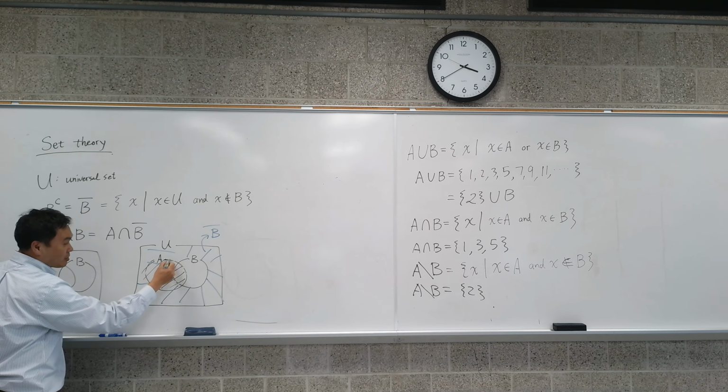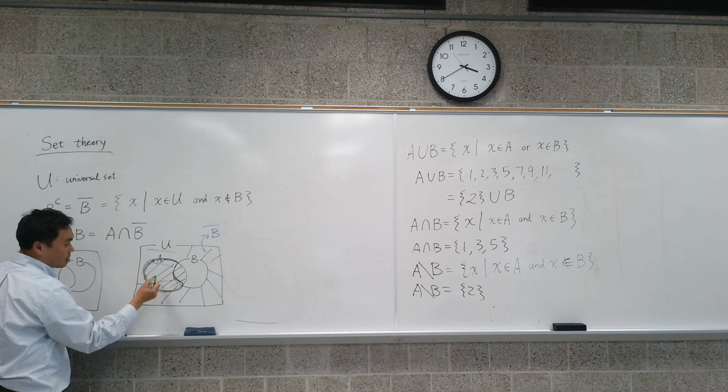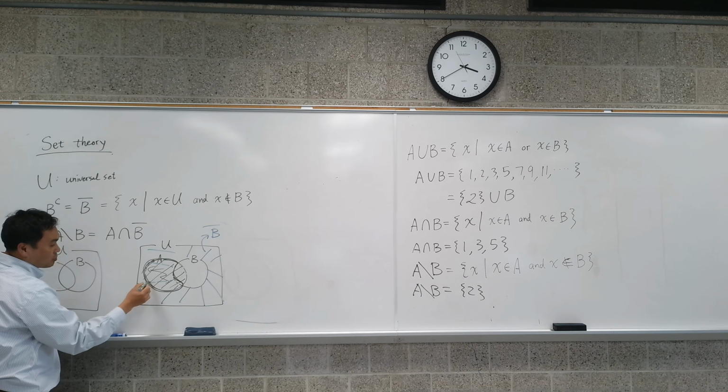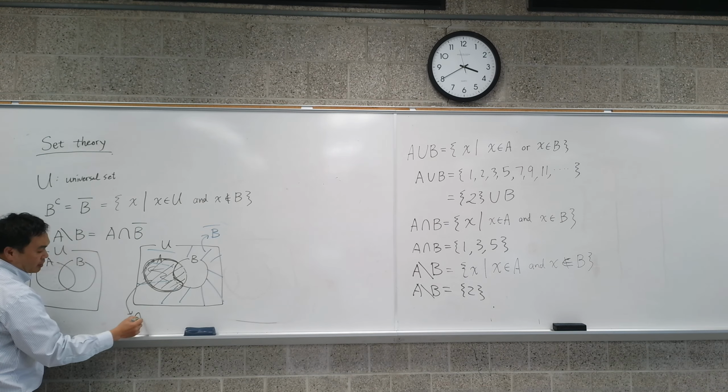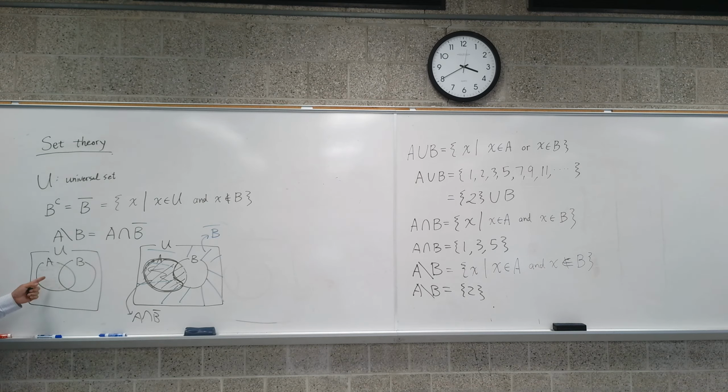The one that's overlapping is exactly this much, right? So this much right here would be A intersect B complement. As you can see, they have exactly the same shaded part, right? So you can show that they're equal.